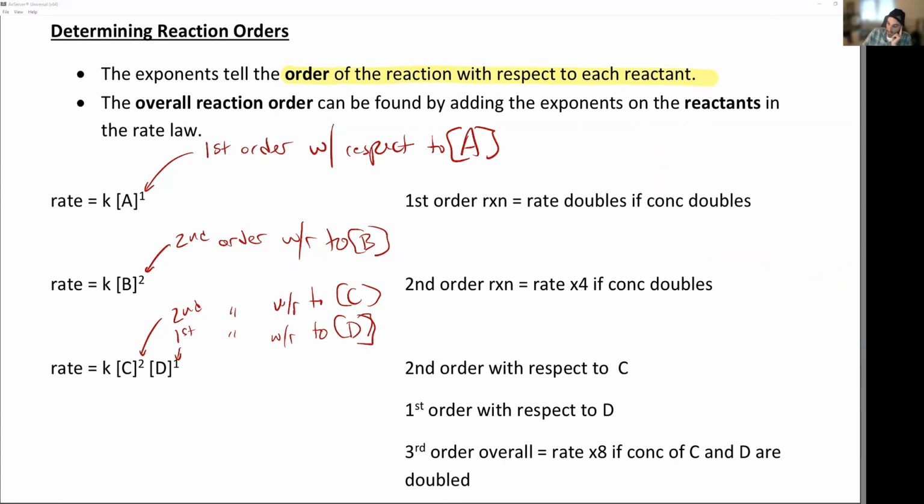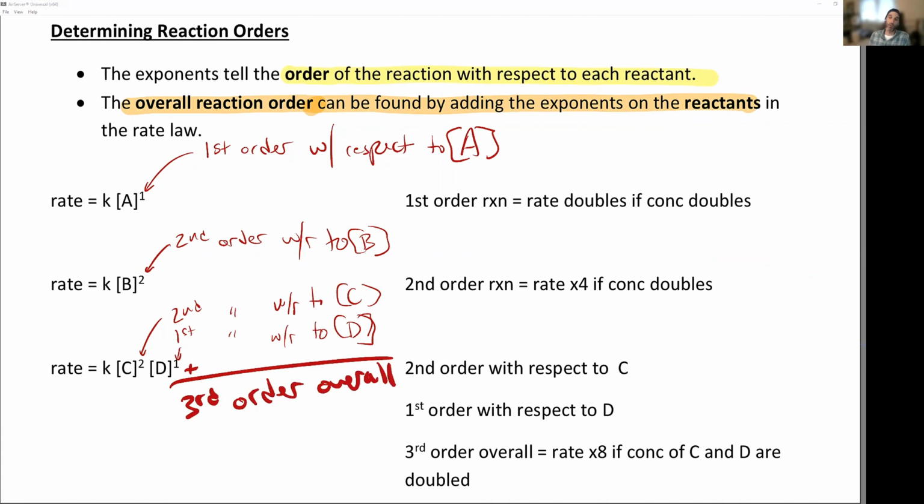But what we can say about the overall is that reaction order overall can simply be found by adding the exponents of the reactants in the rate law. So in this case, if I add these two together, I've got third order overall.